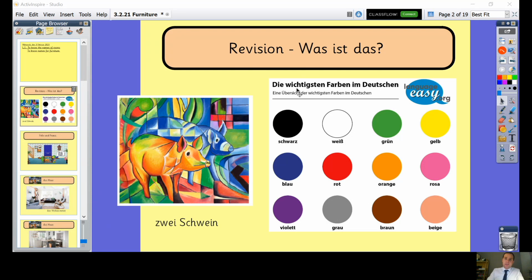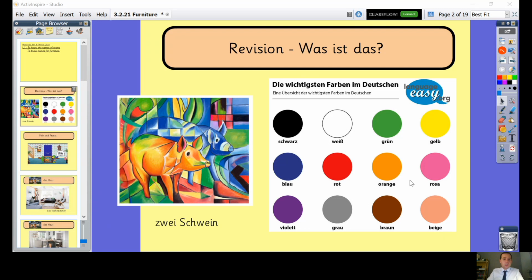Wichtig means important, so wichtigsten, the most important colours in Germany. So we've got here schwarz, weiß, grün, gelb, blau, rot, orange, rosa, violett, grau, braun und beige. Some extra colours added in there, but most of them pretty basic ones that we should know.